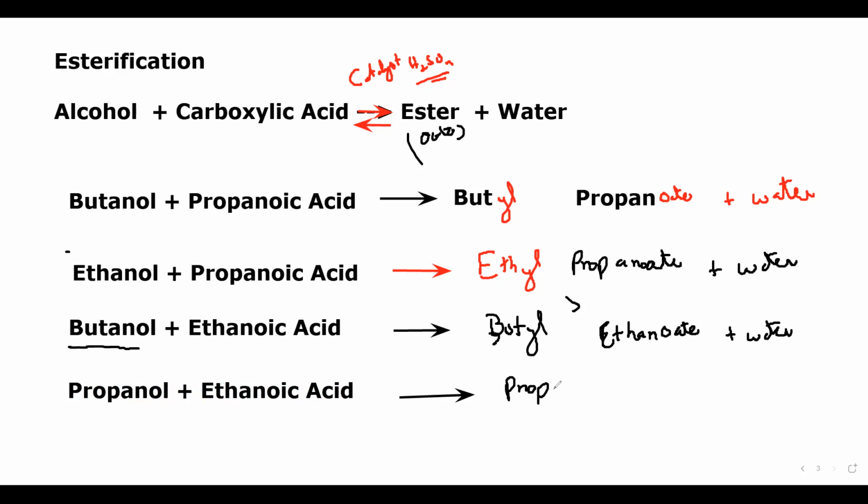And because it's from the alcohol, it will be YL, propyl. And eth, so it will be ethanoate, plus water as a product. So propanol plus ethanoic acid gives propyl ethanoate. This is how we complete the name of the ester. From the ester name, you should be able to identify the alcohol and the acid, and from the alcohol and carboxylic acid, you should be able to identify the name of the ester.